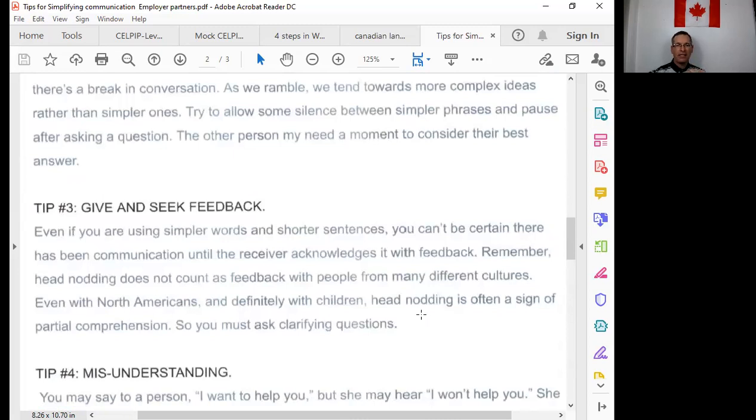But just people nodding their head, you also have to watch the rest of their body language, their eyes, how they're sitting. Are they shifting around? Are they looking at you, or are they looking around? Many different cultures don't say things as much, or their body language has higher importance than what we in North America often look at.